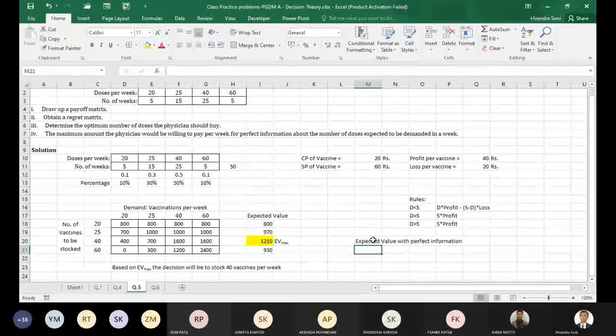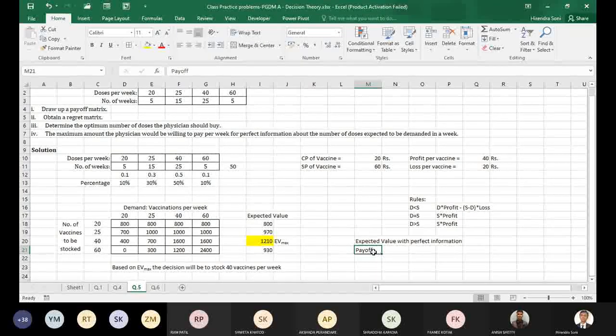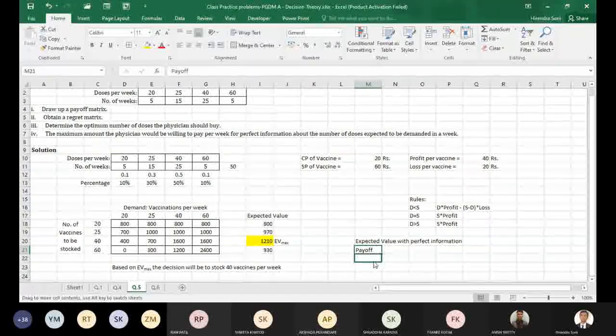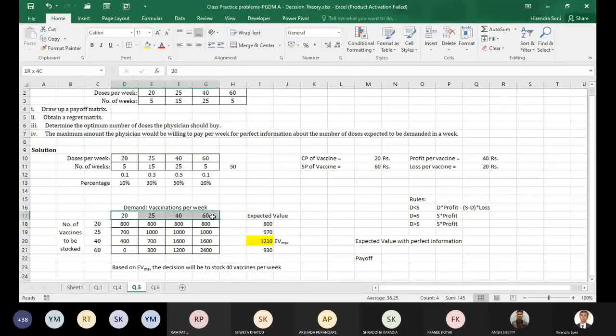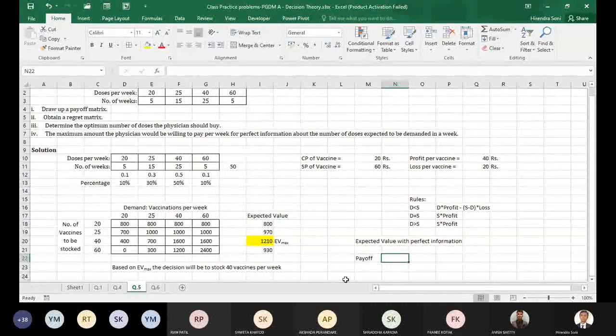So that means payoff for perfect information. अभी जस्ट ये आपका डिमांड है. एक तरह से देखा जाए तो, let me put it like this.